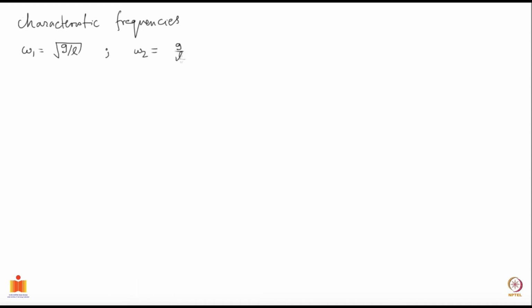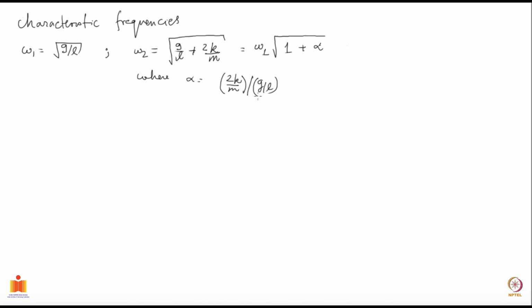And omega 2 is the square root of G over L plus 2k over m, which you can again write as omega 1, which I've taken out, times the square root of 1 plus alpha, where alpha is 2k over m, this entire thing divided by G over L. And alpha is clearly greater than 0.